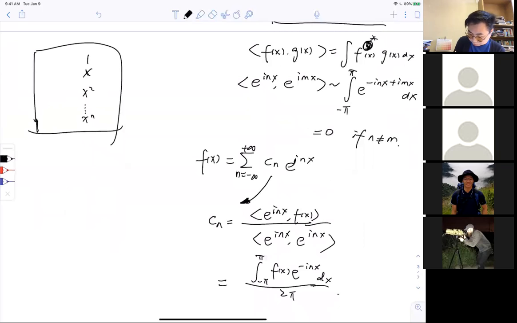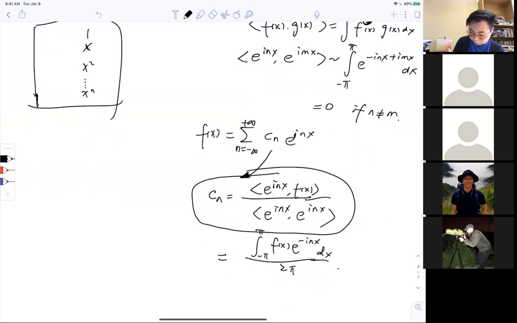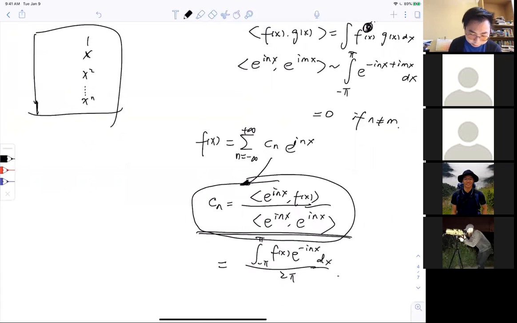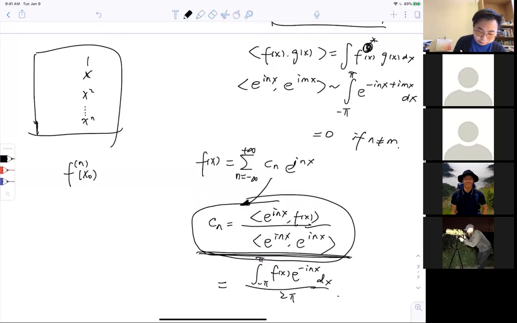For the coefficient here, just like what we did in the vector decomposition, for each component we can write it in this form and calculate the coefficients very easily. For the Taylor series, the coefficient is given by the nth derivative evaluated at some point x0. But it's quite different from what we have here. This is because for the Taylor series, the basis is not orthogonal to each other.